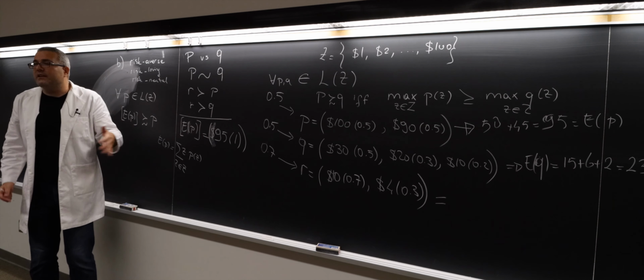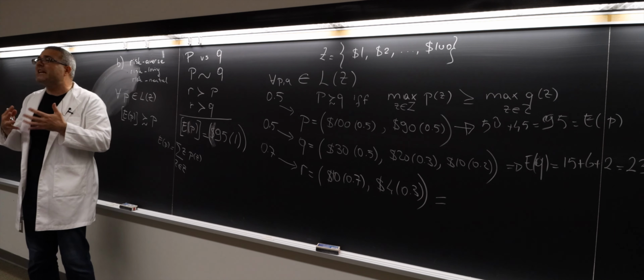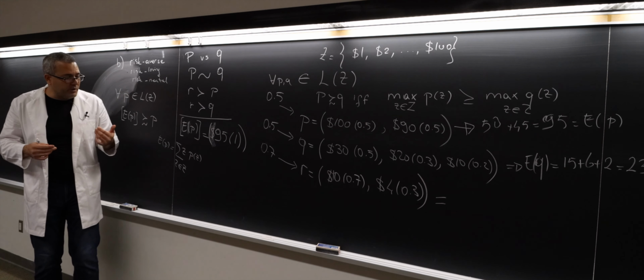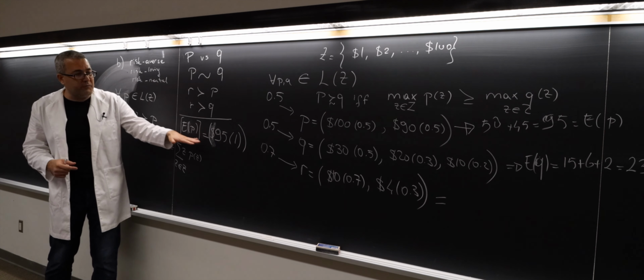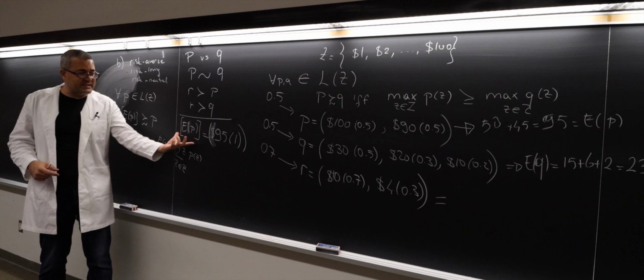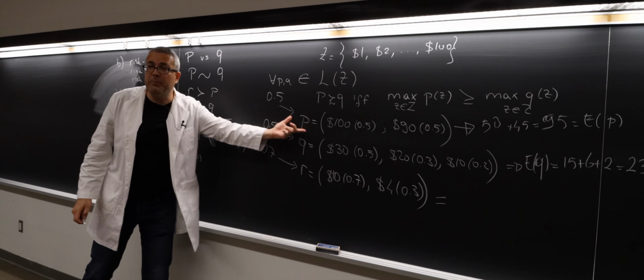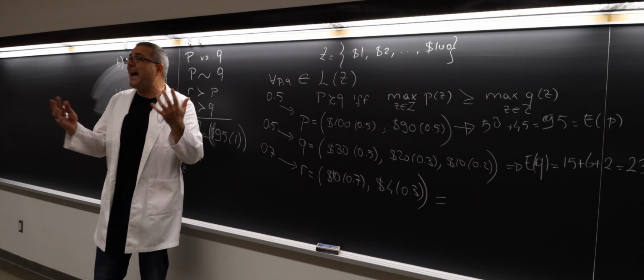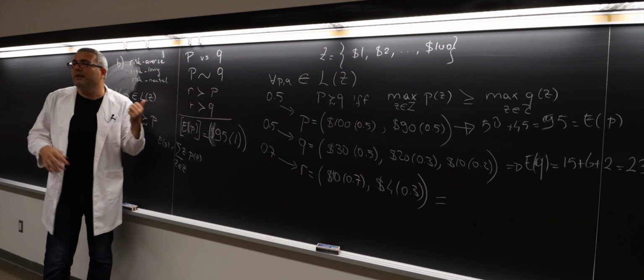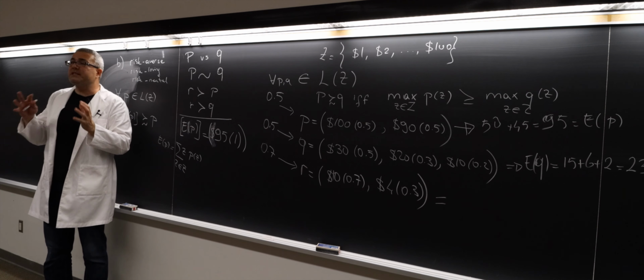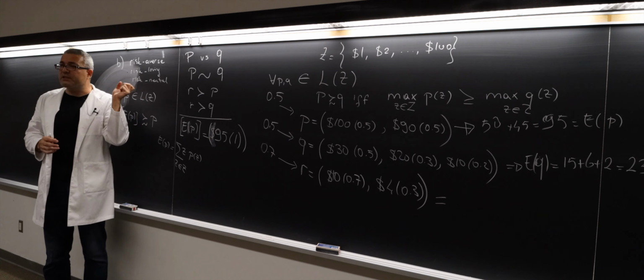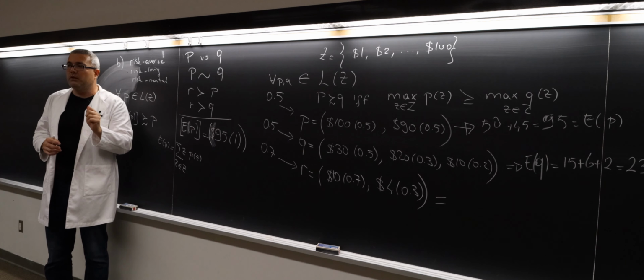I calculated this just because I need a sense of how he will compare E of P with the lottery P itself. Because that will determine whether this guy is risk averse, risk loving, or risk neutral. All right?